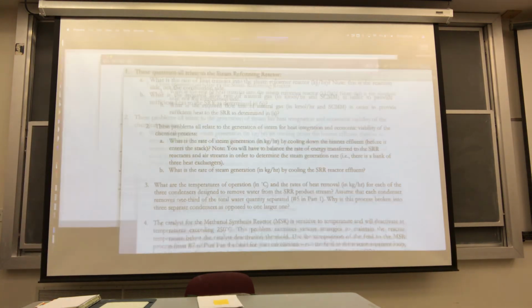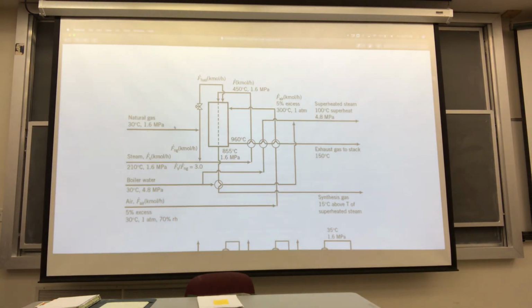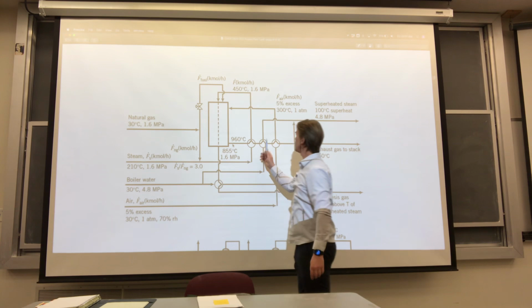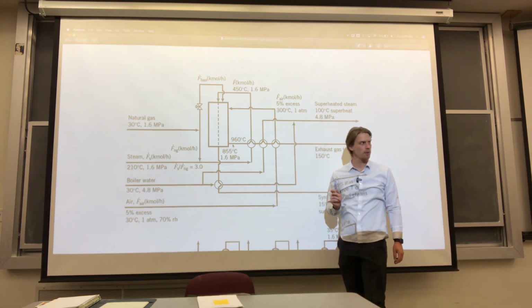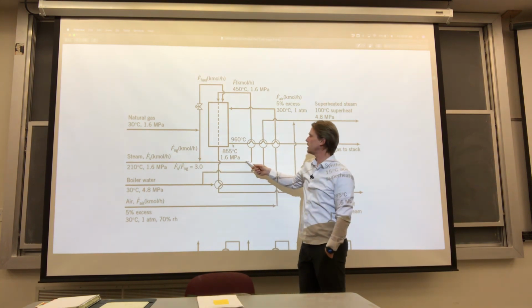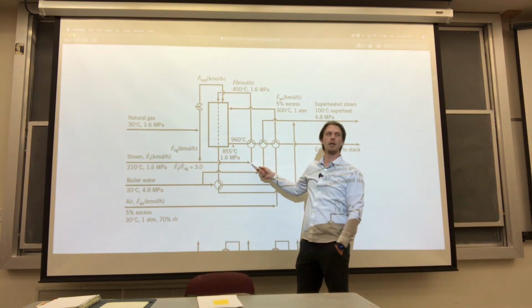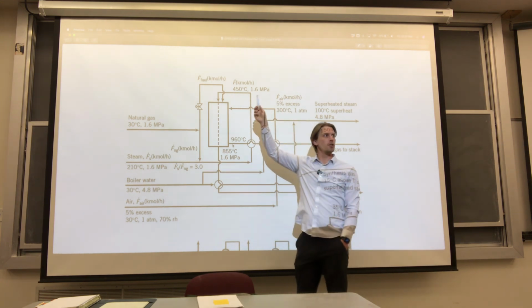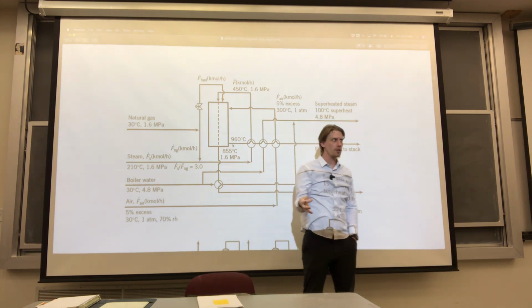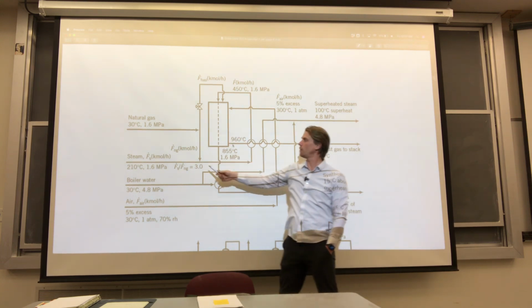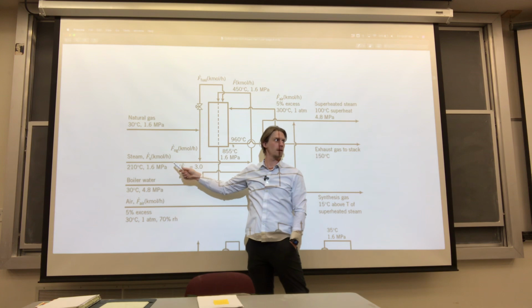So let's go back to the process flow diagram. If we look at the burner flue gas, we have 1, 2, 3 heat exchangers. The first one is used to preheat the steam and methane mixture to save some energy to get it to 450. If we did not do this energy integration, it would require much more methane combustion, because you would be mixing stuff at a significantly lower temperature.